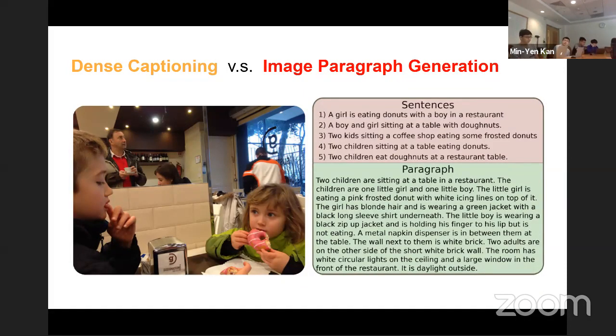Moving from dense captioning to image paragraph generation, you can see it from this picture. The top one is the dense captioning. You just generate 1, 2, 3, 4, 5 sentences. Each sentence describes one section or one object of this image. But for paragraph generation, you need to generate a coherent story about this image. So it is much harder than the previous one.